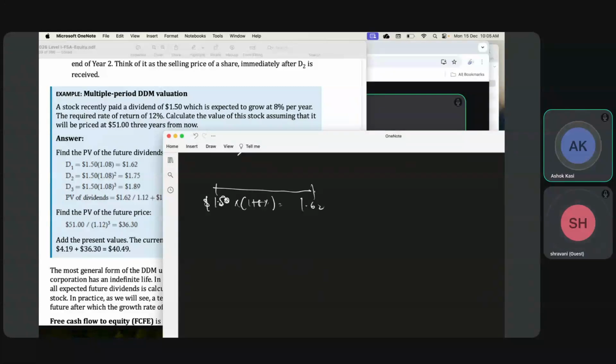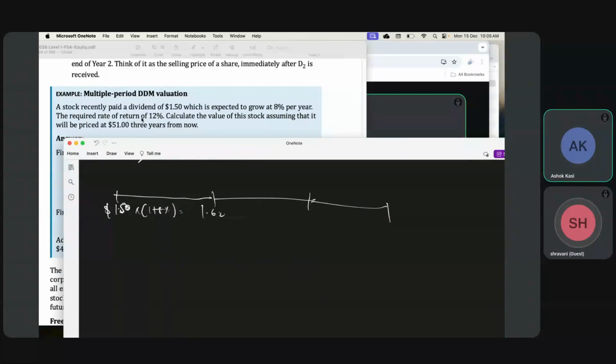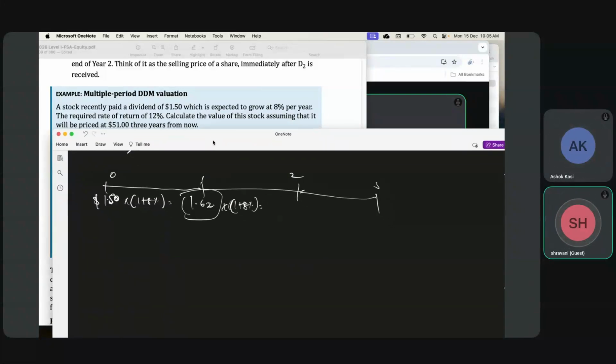Every year it is growing at 8% per year. So 1, 2, 3. Then again, you just increase it by 8%. 1.74, 1.87.